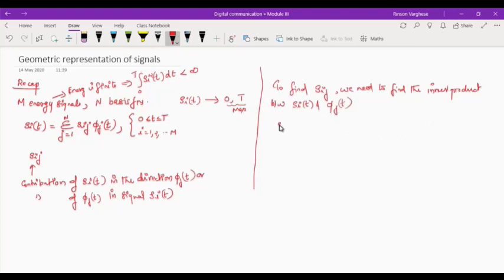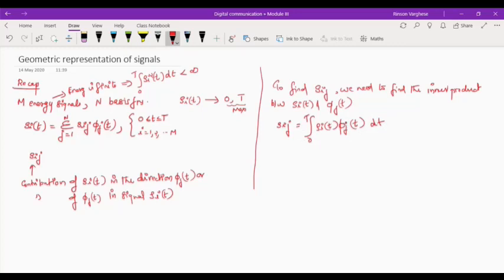That is, Sij is equal to integral 0 to T Si of t phi j of t dt. This is Sij.